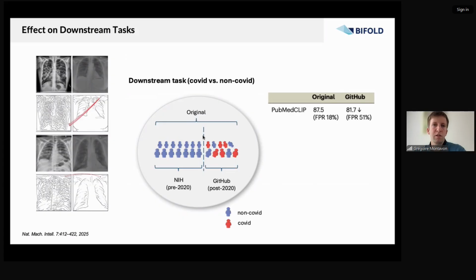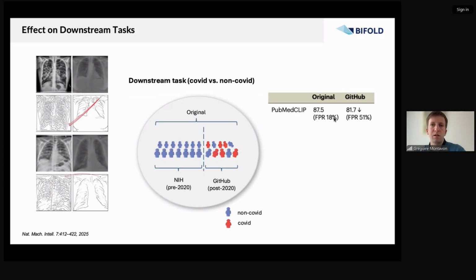But if you specifically focus on the GitHub subset, which contains these new cases that have been aggregated from many different sources, then the accuracy drops quite significantly. What is especially striking is the false positive rate, which here goes from 18% on the original, basically mixed data, to 51% on the GitHub data.